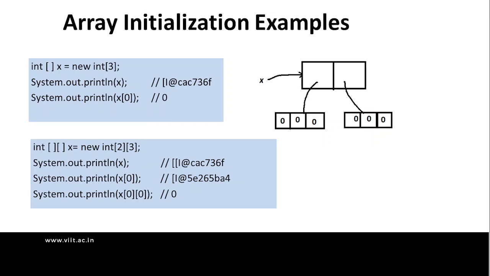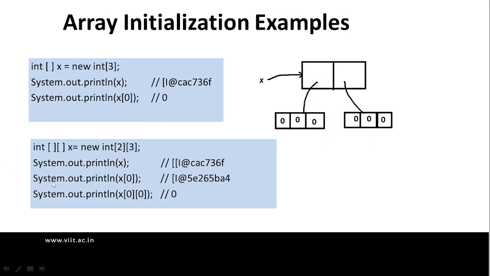If you want to print the value at a location, you mention the index, so System.out.println(x[0]). Then int[][] x equal to new int[2][3].